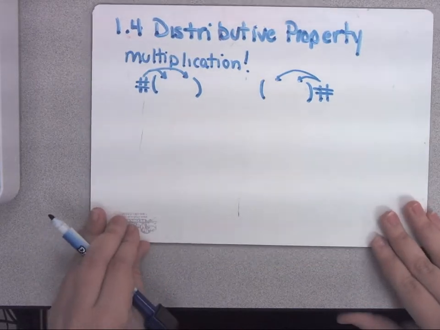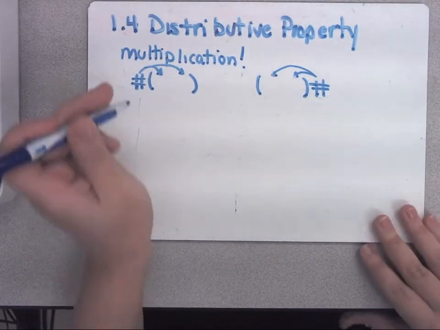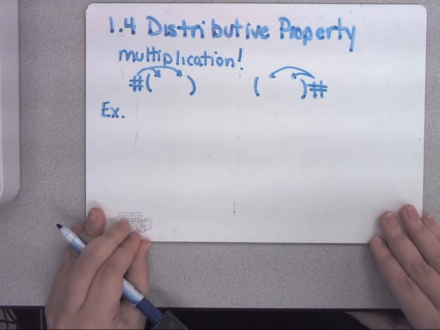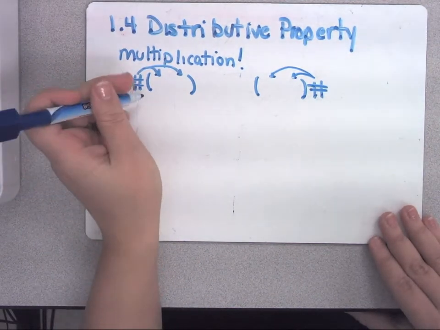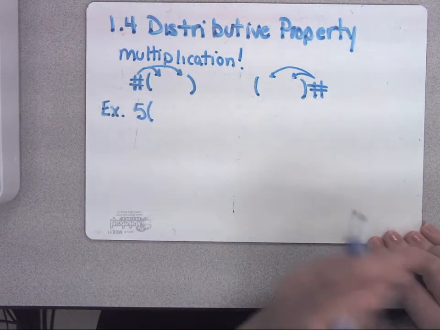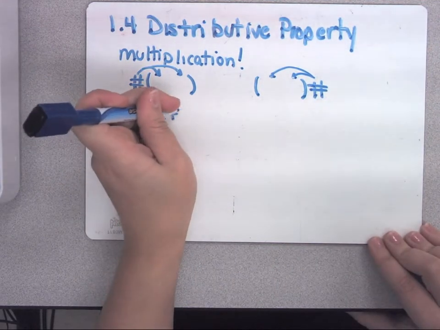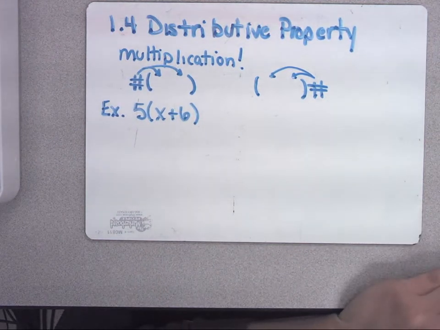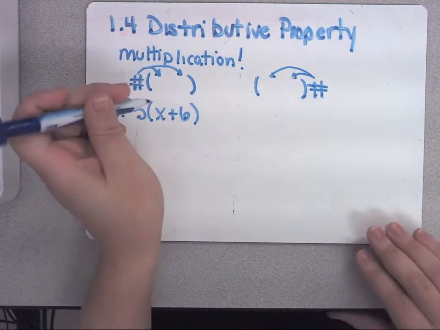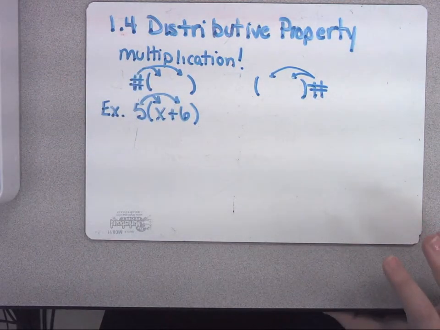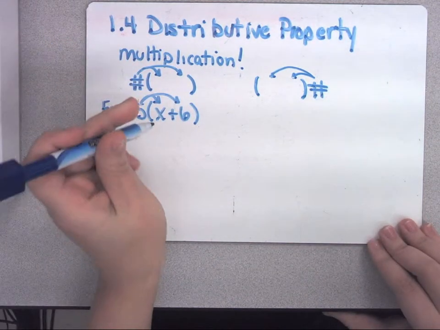Okay. So, basic distributing. First kind of easy examples and then we'll talk about some more stuff, right? So, basic example. Let's have 5 out front, parentheses, x plus 6. Close your parentheses. Again, we have the 5. We're going to take it and draw a little arrow, say we're going to distribute. When we distribute, we already decided we use multiplication.